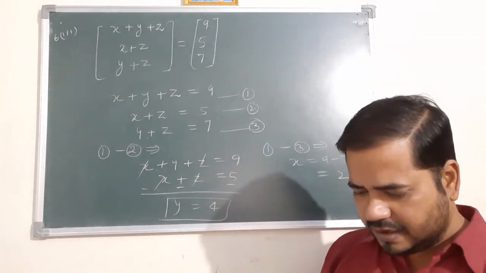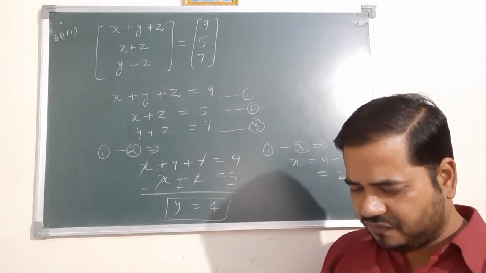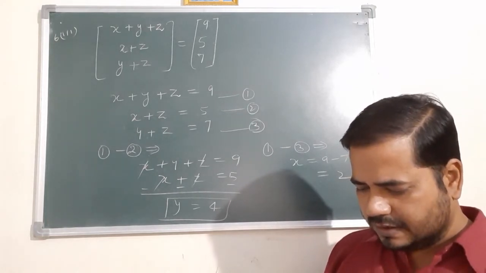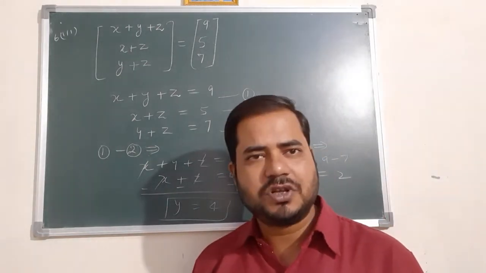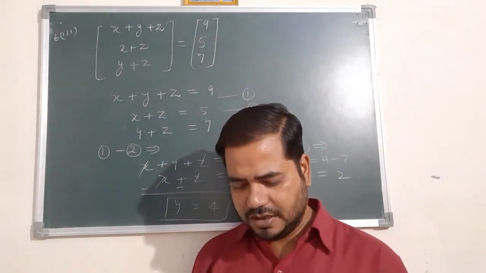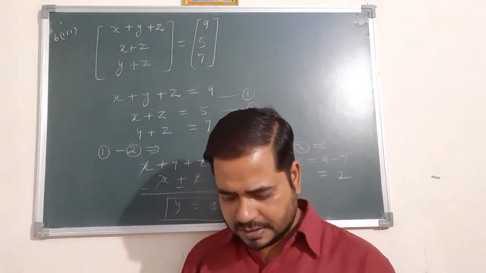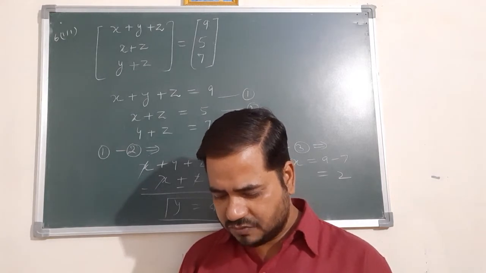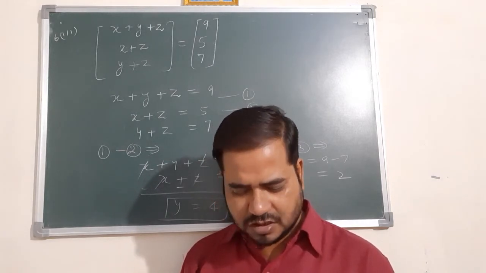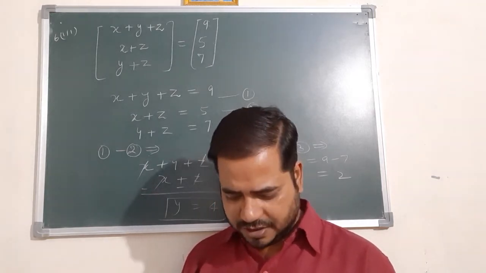If A is a matrix of order m cross n, it is a square matrix if m is equal to n; obviously you know the definition of a square matrix. The 9th one is also the same question: which of the following values of x and y make the following pair of matrices equal? So again you use equality of matrices.